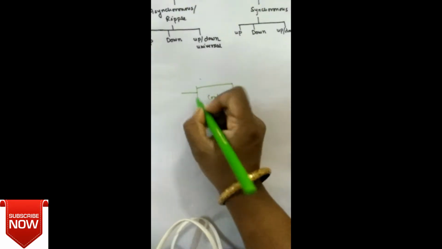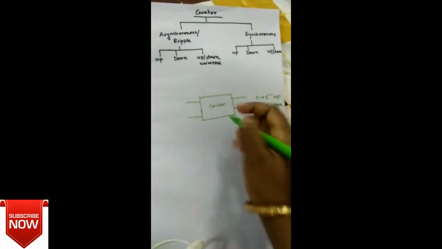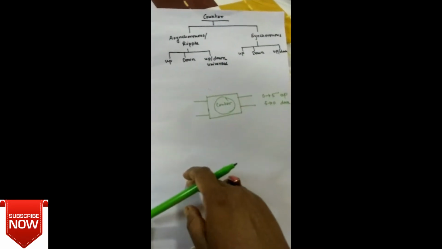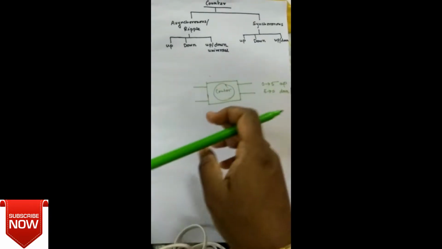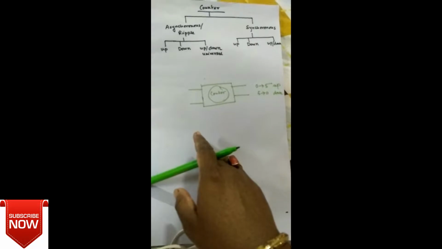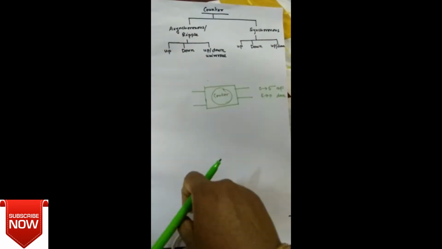It takes the inputs and produces the outputs either from 0 to, say, 5, or from 5 to 0. When it counts from 0 to 5, it is called up, and when it counts from 5 to 0, it is called down. Inside this counter there are several flip-flops which produce the output, and according to the output, at each instance of time the counter counts from 0 to 1, 1 to 2, 2 to 3, etc.